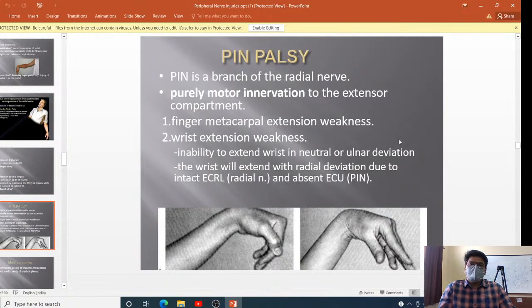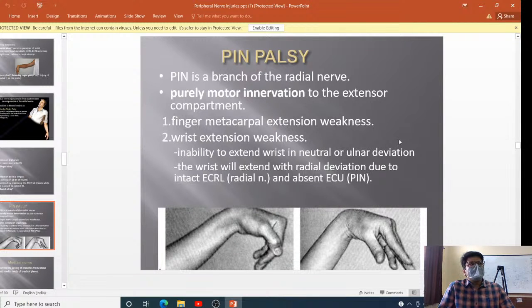So what is PIN palsy? PIN palsy is posterior interosseous nerve palsy. Posterior interosseous nerve is a branch of the radial nerve, the deep branch of the radial nerve. The superficial branch of the radial nerve is the superficial radial nerve. So PIN palsy is a pure motor type palsy. There is no sensory involvement because the posterior interosseous nerve is a pure motor nerve.